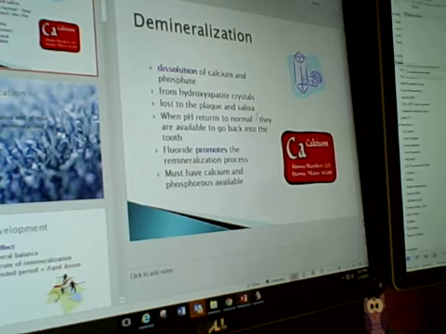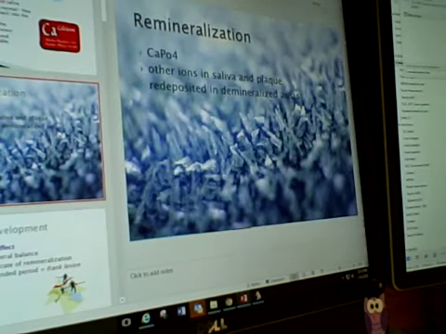Fluoride can promote that remineralization process, and it must have calcium and phosphorus available with the fluoride to go back into the tooth surface. So demineralization is the dissolution of calcium and phosphate, and remineralization is when the calcium and phosphate, and sometimes the fluoride, are replaced back into the area that started to weaken within the enamel. Those are ions that are in the saliva and plaque.